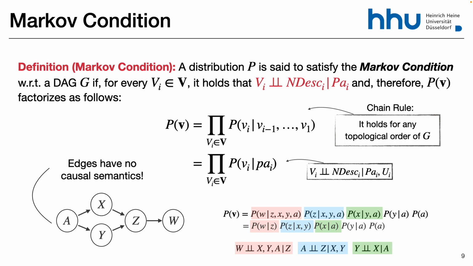So I have to tell you that this satisfies the Markov condition. P is said to satisfy the Markov condition relative to a graph. If I tell you it's happening, then you can take the order of this graph, because you can choose any order, and apply the condition of V being independent of its non-descendants given its parents.